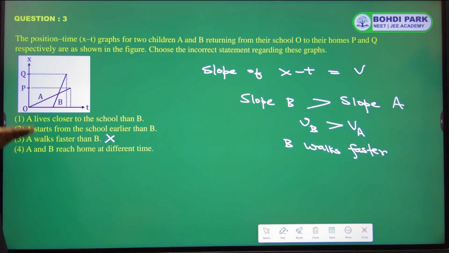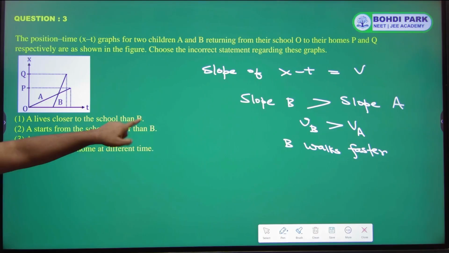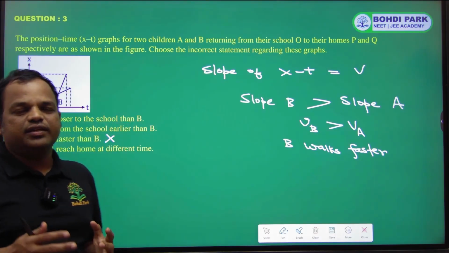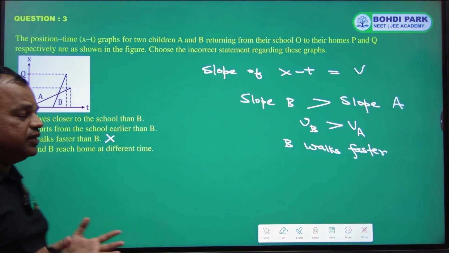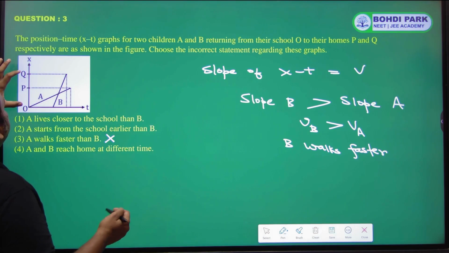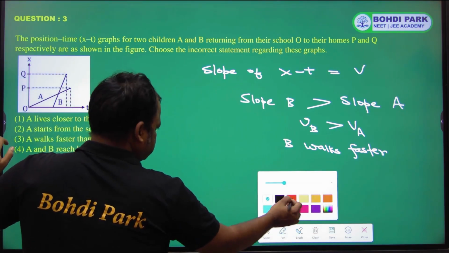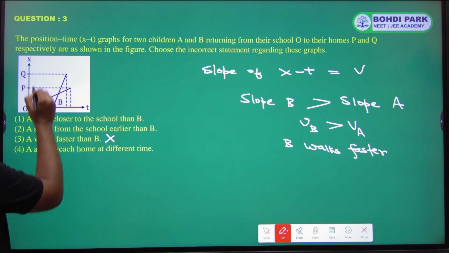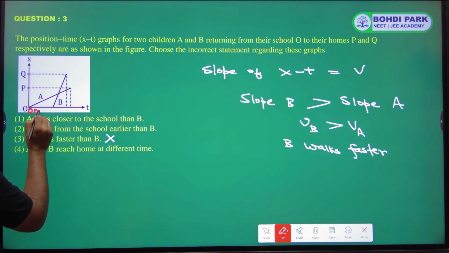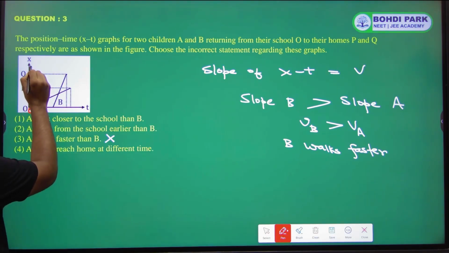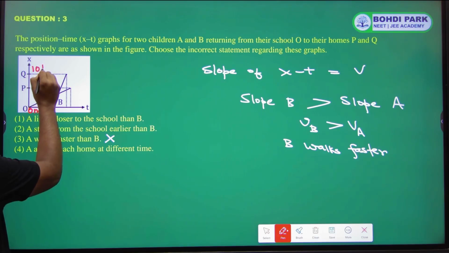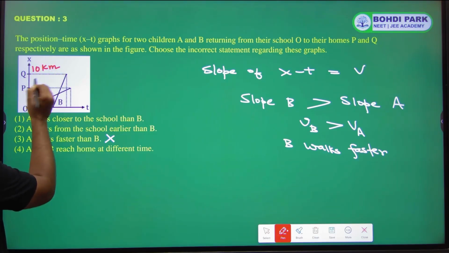Let's check a few more options. A lives closer to school than B. So basically we can check the displacement. Suppose this is 0 meter, O means 0 meter, and Q means say 10 kilometer, and P is say 5 kilometer.